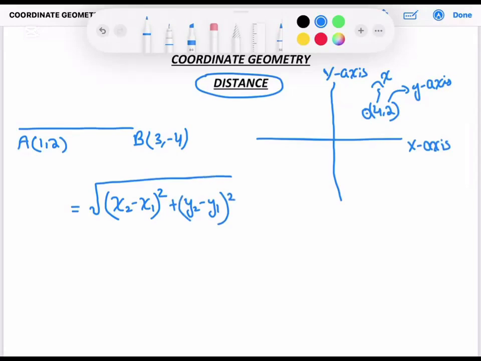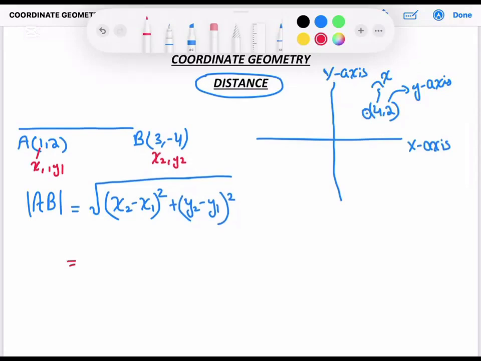This is a formula to find the length of AB or distance of AB, distance between A and B, or length. Now, as we know, the first number is x and the second is y in the coordinate points. So this is x1 and this is y1. This is x2 and this is y2.